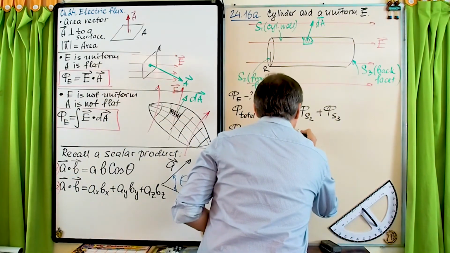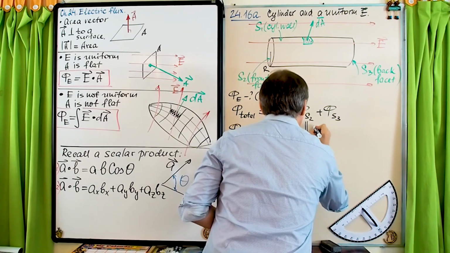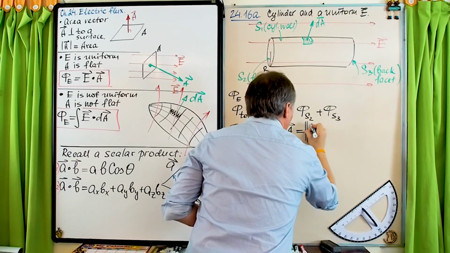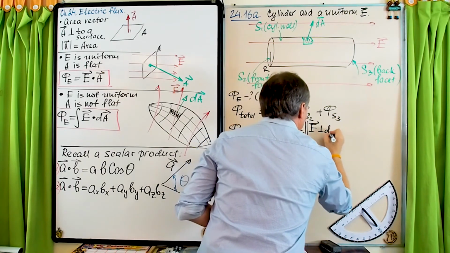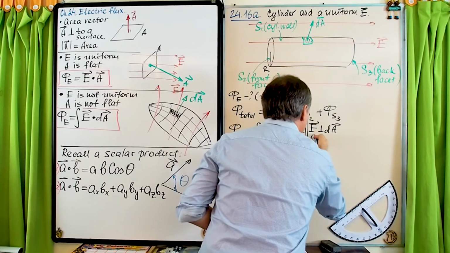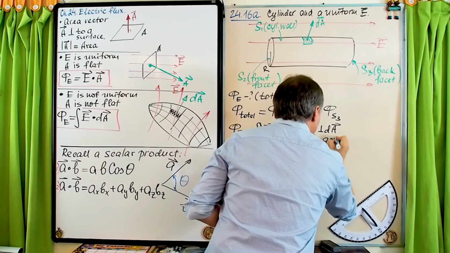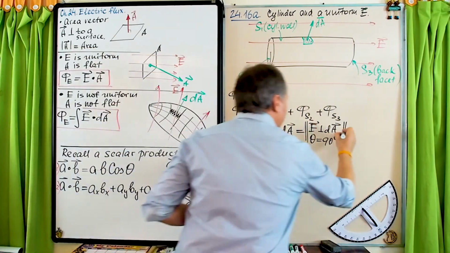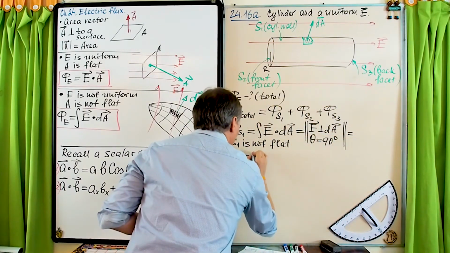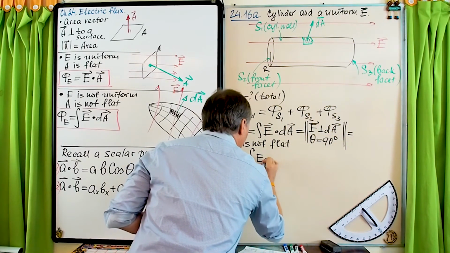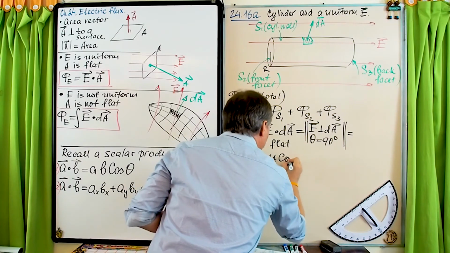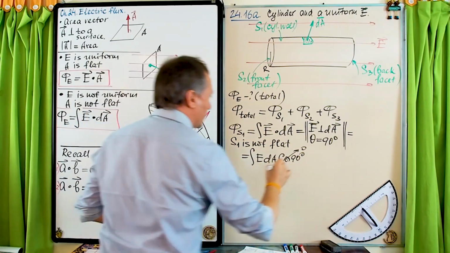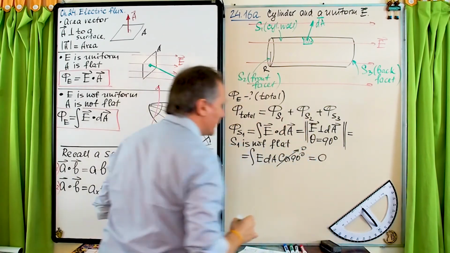Since E is perpendicular to dA, theta is 90 degrees. So it will be the integral of E dA cosine of 90 degrees, and the cosine of 90 degrees is 0. So the whole thing is 0.